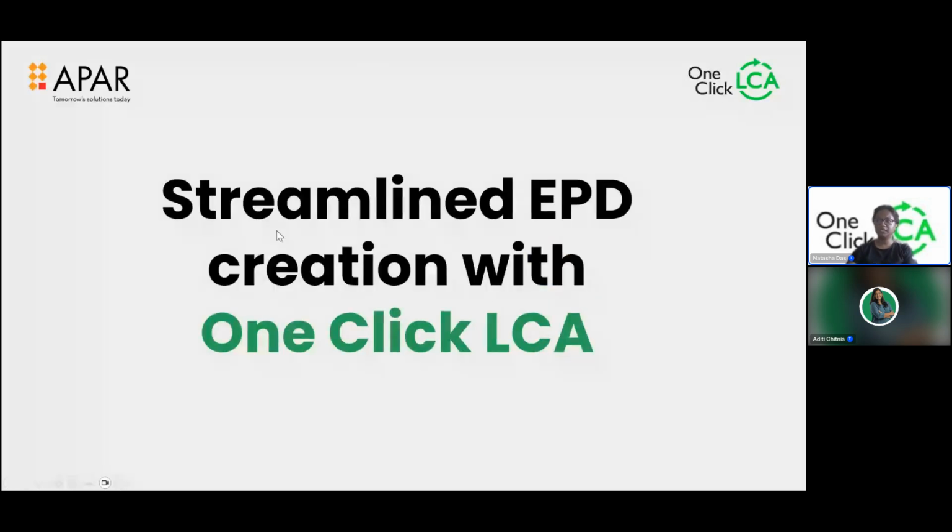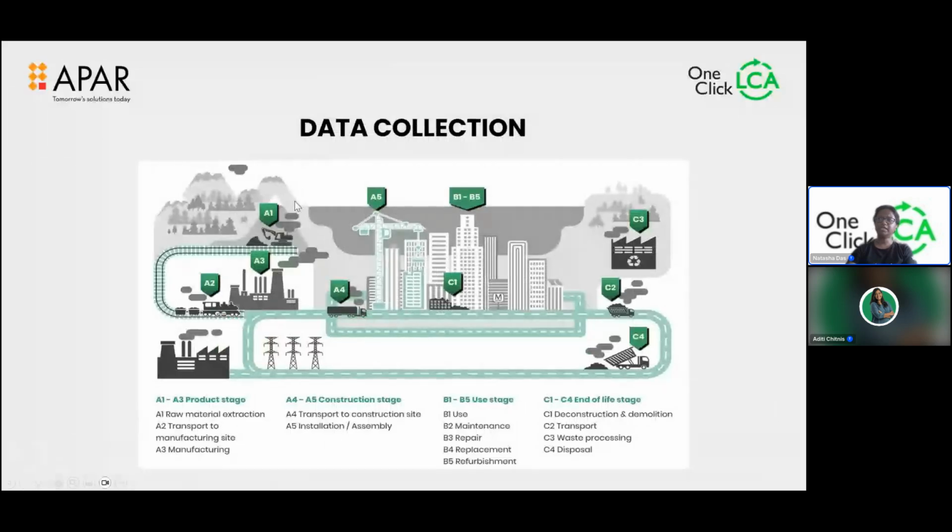Now, streamline creation of EPD with One Click LCA. Like I mentioned, you will have to collect the data based on the life cycle stages, that is A1 to A3. You need your raw material extraction, transport to the manufacturing site, and actual manufacturing information.